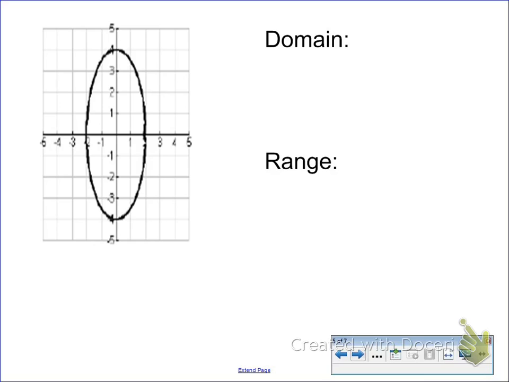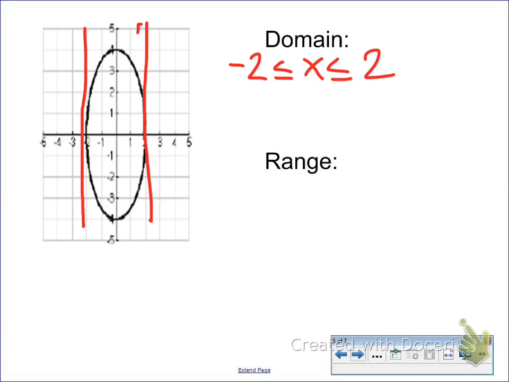Okay, second graph. Let's talk about this oval-like shape. So the domain. When I have no arrows, I like to draw in a line to show me what my leftmost value is and what my rightmost value is for x. So in this case, it's negative 2 for the leftmost and 2 for the rightmost.